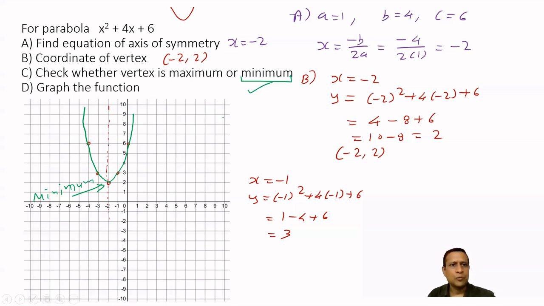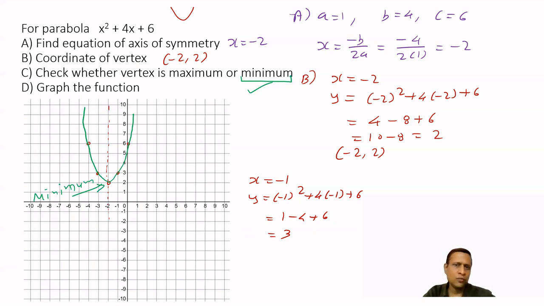So I hope you understand the question. So what is happening here? First of all, we identify values of a, b, c. Then the equation of the axis of symmetry is given by x equal to -b over 2a. Whatever x value we get, that is the x coordinate of the vertex.